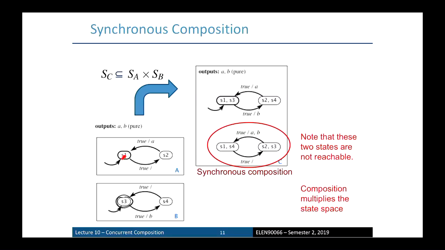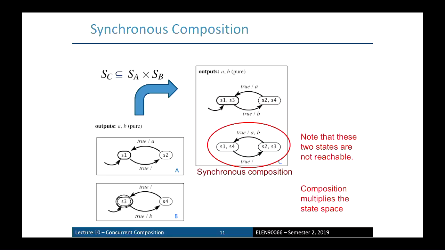That means that while this transitions to S2, this simultaneously transitions to S4. We can represent that in a diagram which shows that the initial state of the composed model is S1, S3. They both start here, and then at some particular time, A goes to S2 and B goes to S4.